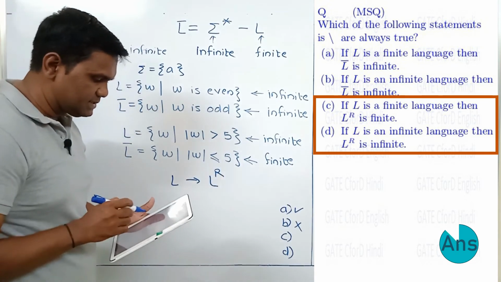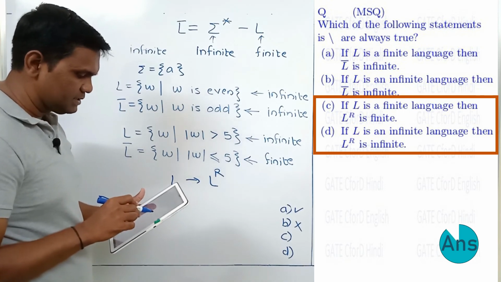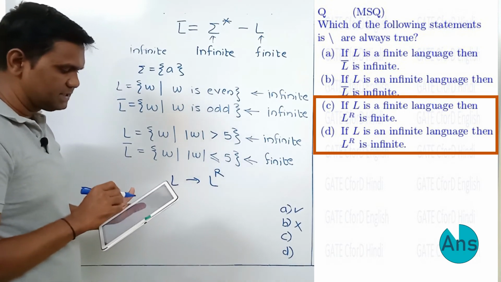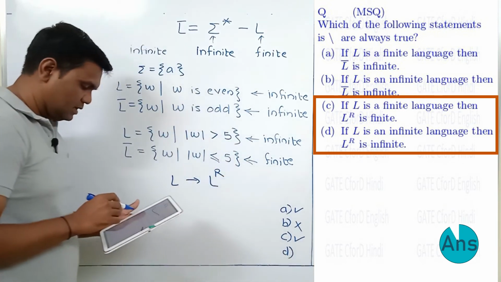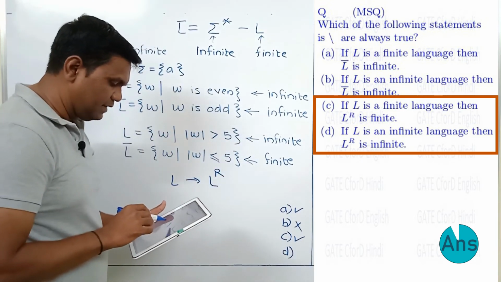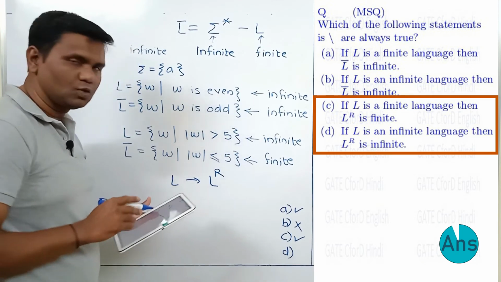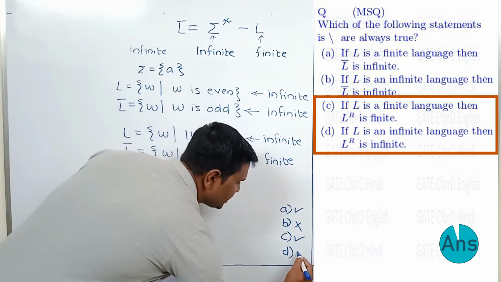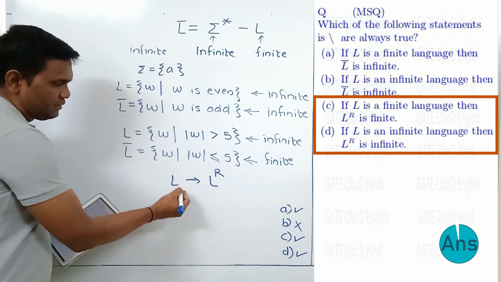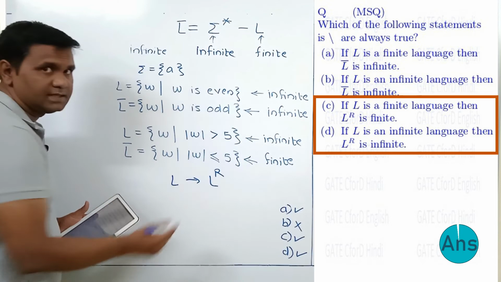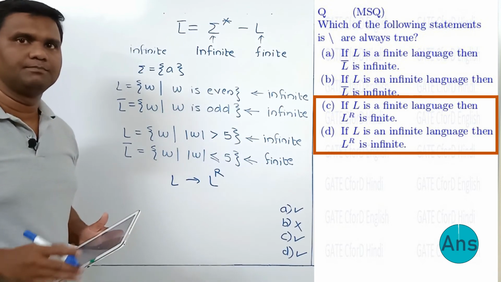So option C says if L is finite language, then reverse of the language is finite. So this option is also correct. Option D is if L is infinite language, then LR is also infinite language. This option is also correct. The reason is, for a given language, when we calculate reverse of the language, number of strings remain the same.